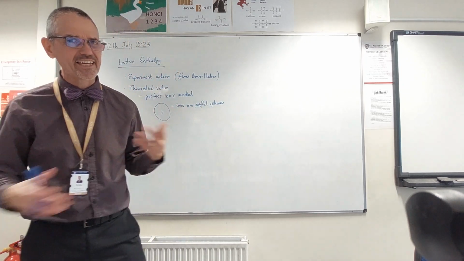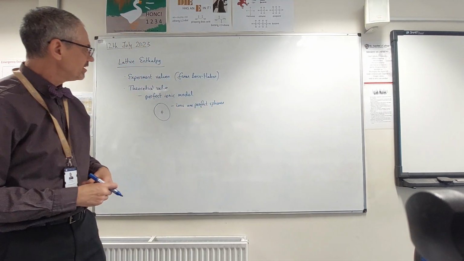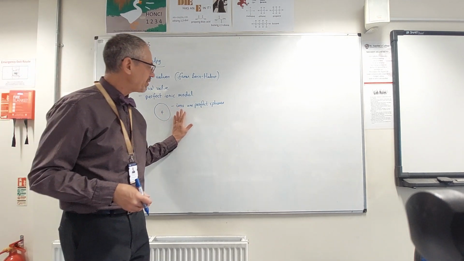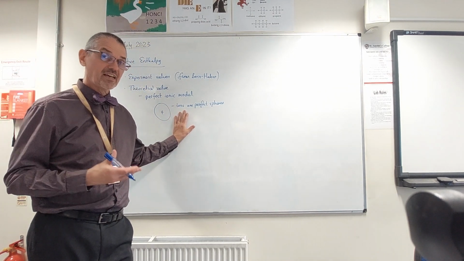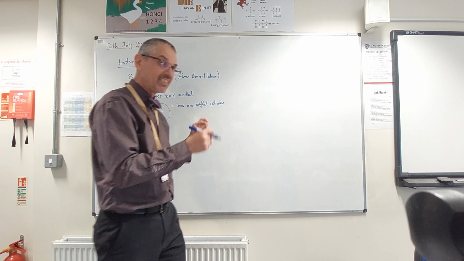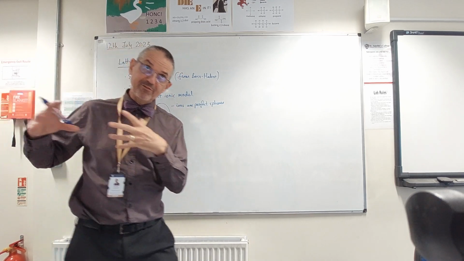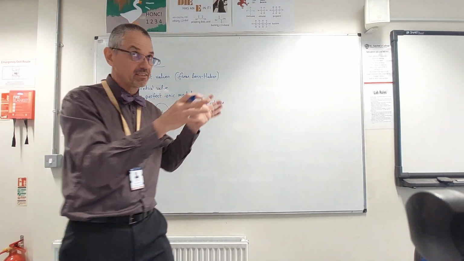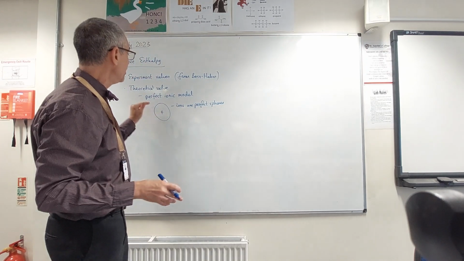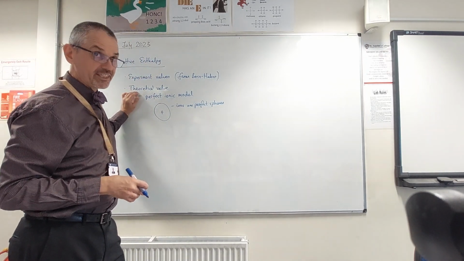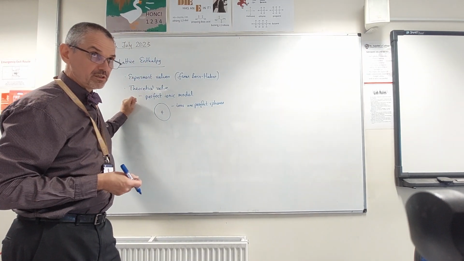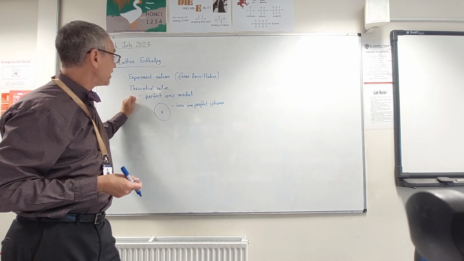I don't want to get into that again. That's all very physicsy. But we can just focus on that. Ions are predicted to be perfect spheres, and if you put perfect spheres into the physics and the maths, it will return a value, the theoretical value for your lattice enthalpy.